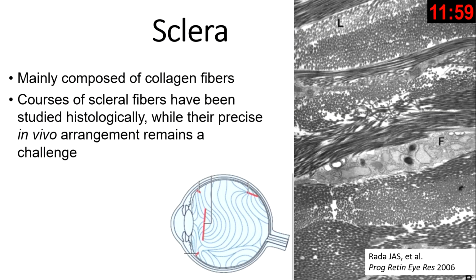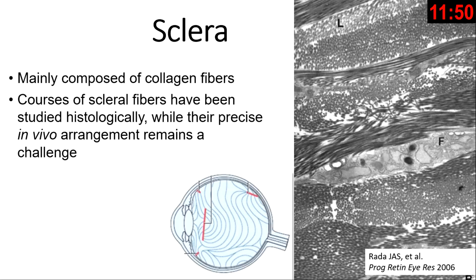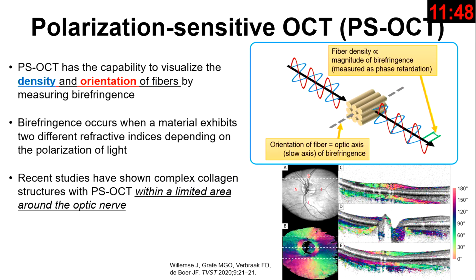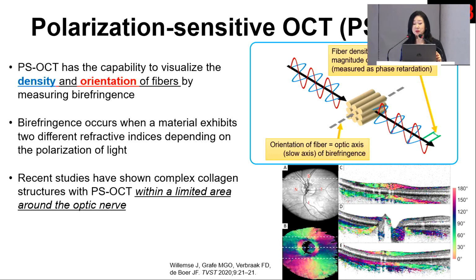The sclera is mainly composed of collagen fibers, and the scleral fibers have been studied mainly histologically, while their precise in vivo arrangement remains a challenge. Polarization-sensitive OCT, or PS-OCT, has the capability to visualize the density and orientation of fibers by measuring birefringence. Birefringence occurs when a material exhibits two different refractive indices depending on the polarization of light.